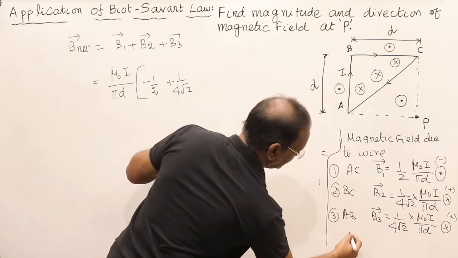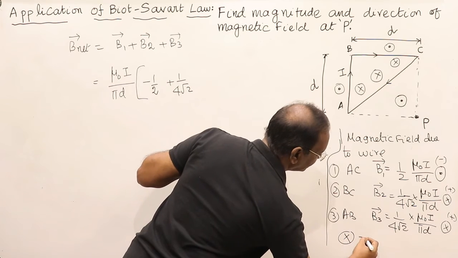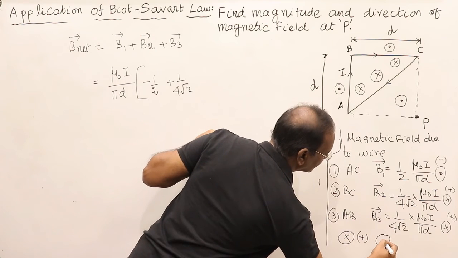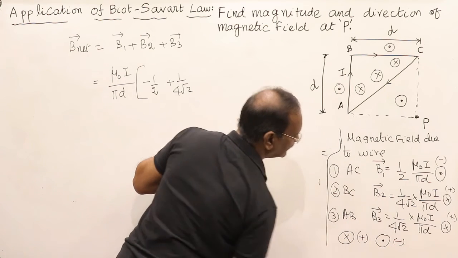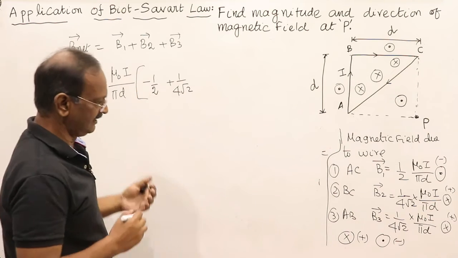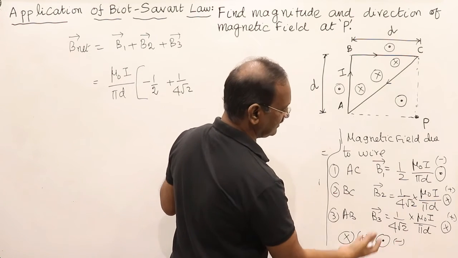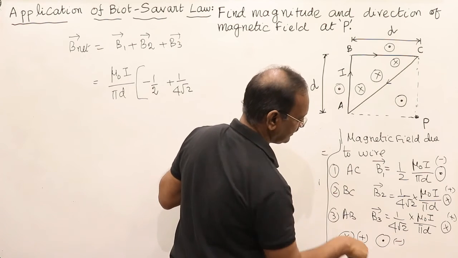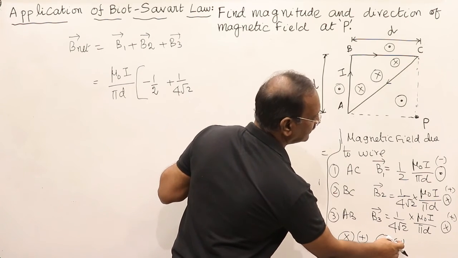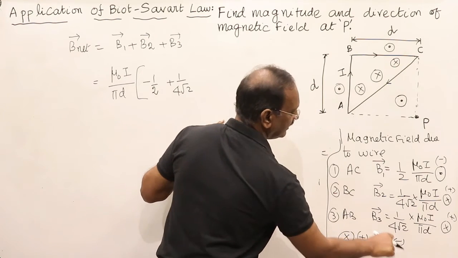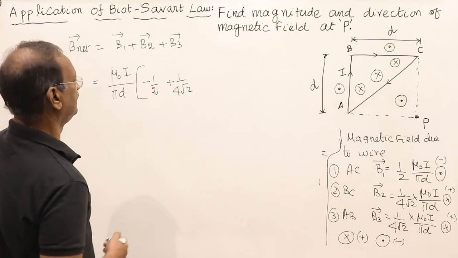If we have taken this magnetic field as plus and this one as minus, we can also take it the reverse way. If the result is coming in plus, it means it is inward. If the resultant field is coming in minus, it will be outward. This way we have to take.